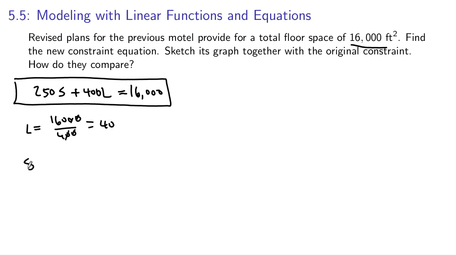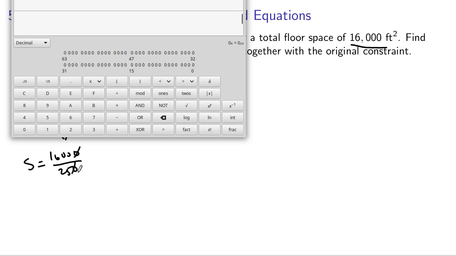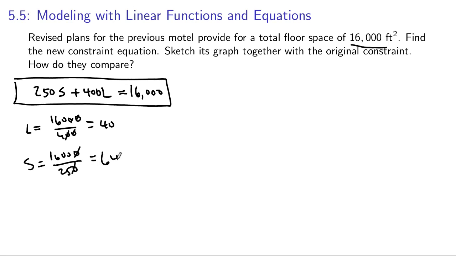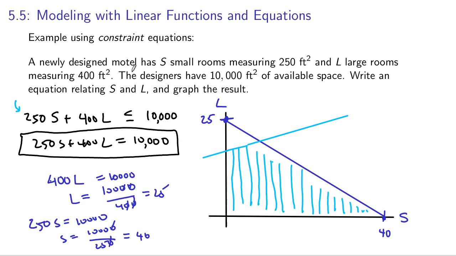And for small, we have 16,000 over 250, which would be, let's use a calculator, 1,600 divided by 25, 64. So we would have 40 large rooms and 64 small.